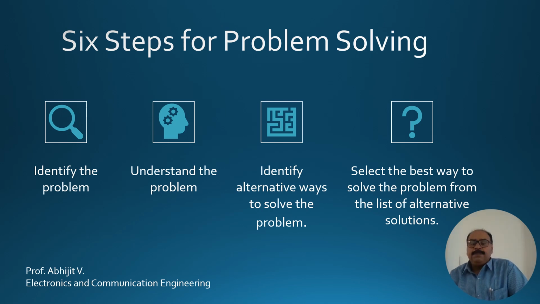The second step towards problem solving is understanding the problem. In order to approach your problem in a scientific or systematic way, you need to understand what the real problem is.